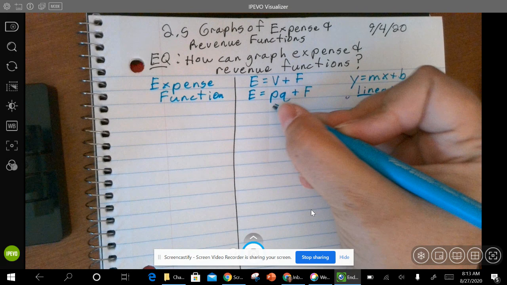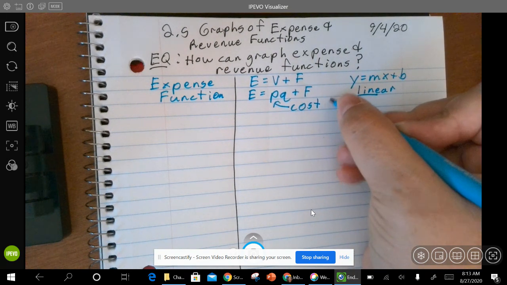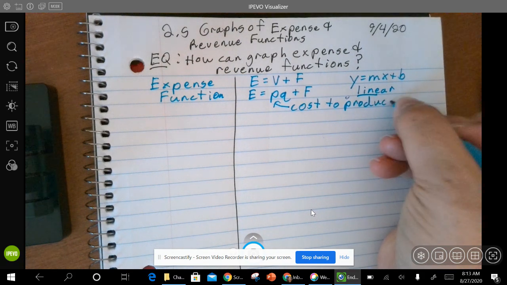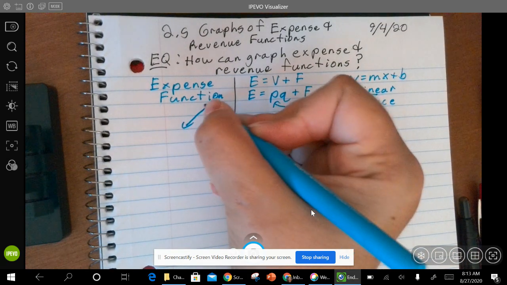Remember, everybody, that this is the cost to produce. So the p here means the cost to produce, and it is going to be a line.